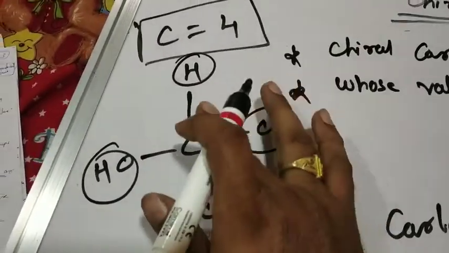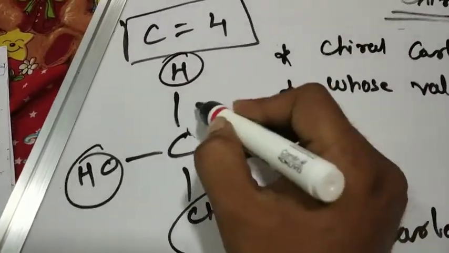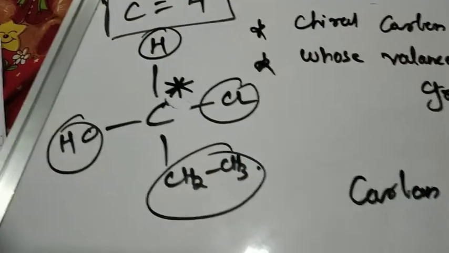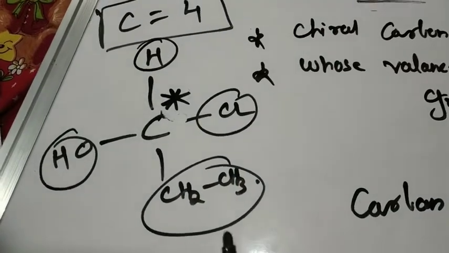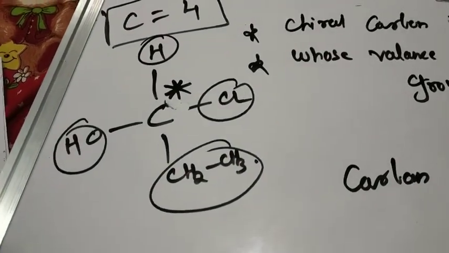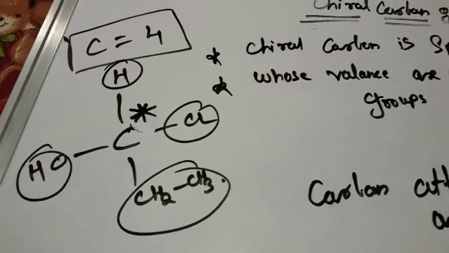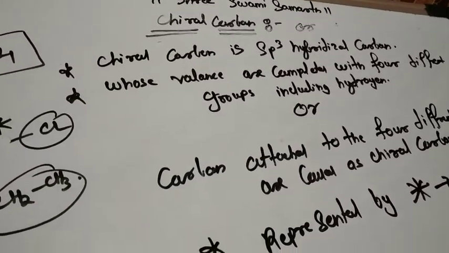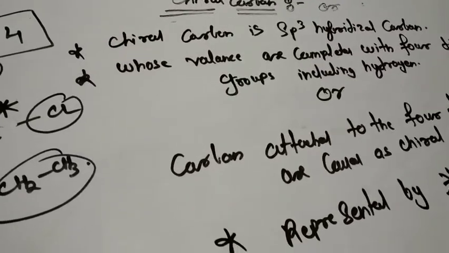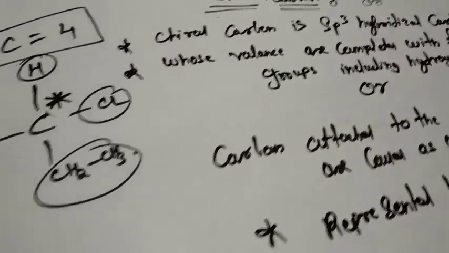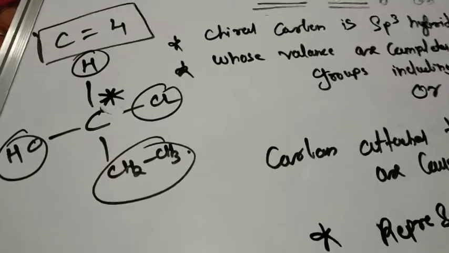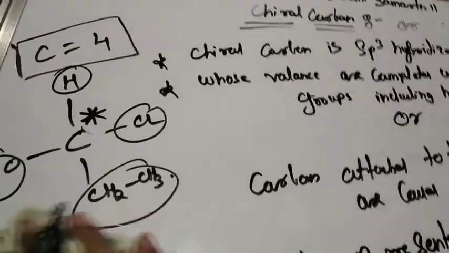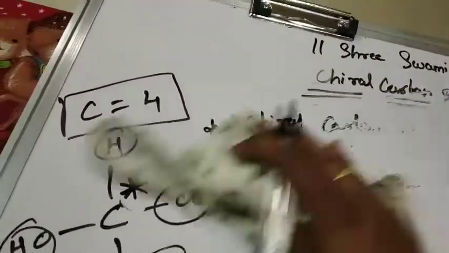Such an asterisk mark is used for the representation of the chiral carbon. So chiral carbon is nothing but a carbon whose valencies are completed with 4 different groups, one of which may be hydrogen. I hope you have understood this example.